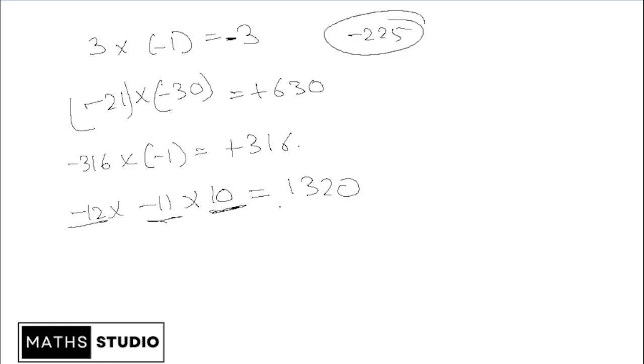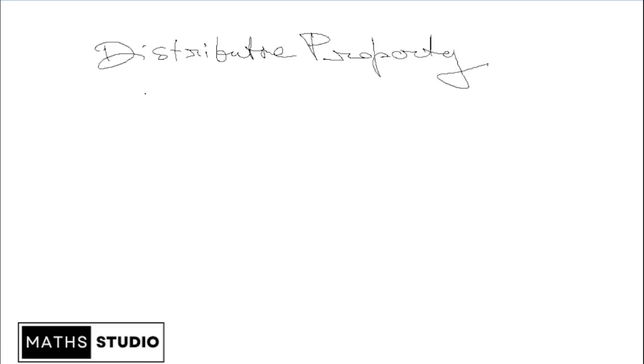Question number 2 is that we are supposed to verify that 18 into... okay, this is the distributive property that we are yet to do. So let us do distributive property. What is distributive property?